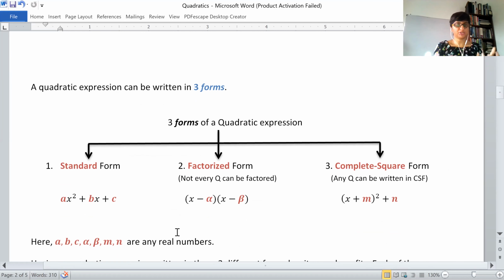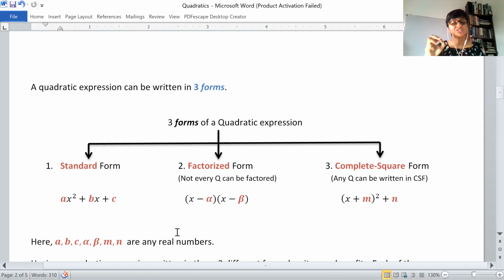What is that? When you have the expression in the form ax squared plus bx plus c. And the second form is called factorized form. You already have learned this. I'm putting it into a framework for you, organizing the knowledge that you already have in a certain way. So, standard form, and you know that certain quadratic expressions can be factorized.